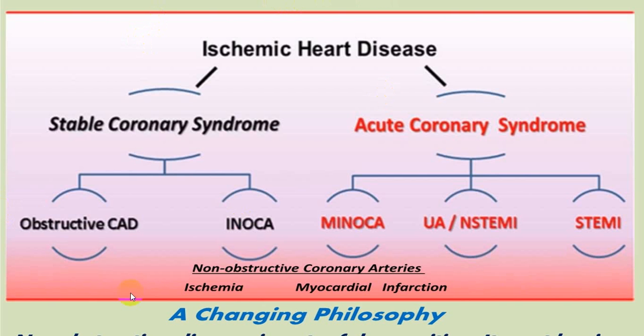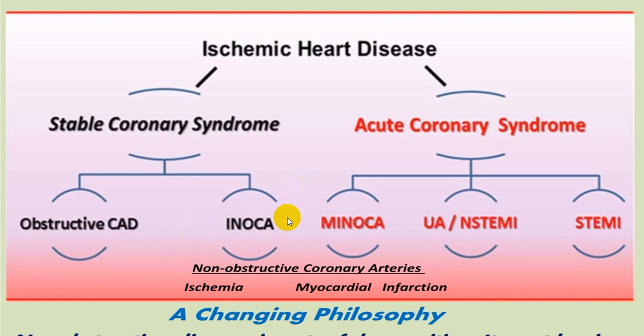So ischemic heart disease we can divide into stable coronary syndrome and acute coronary syndrome. In stable, there is fixed obstructive coronary artery disease because of a stable plaque, which gives rise to what we call stable angina. There is one more condition, non-obstructive coronary artery disease, which can result in ischemia alone, not infarct.